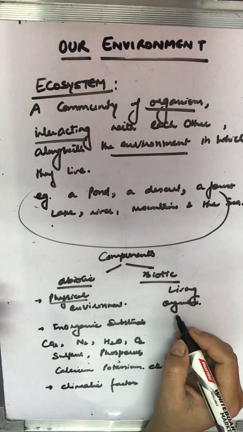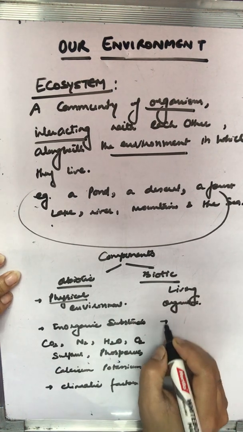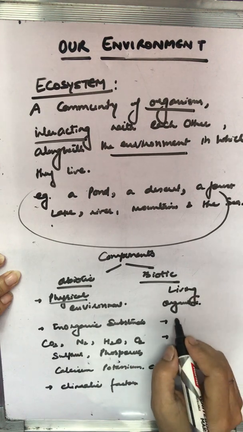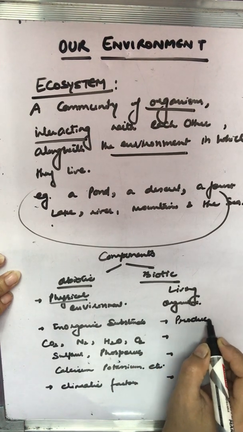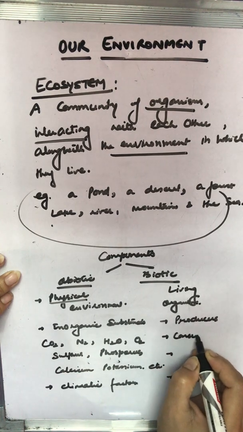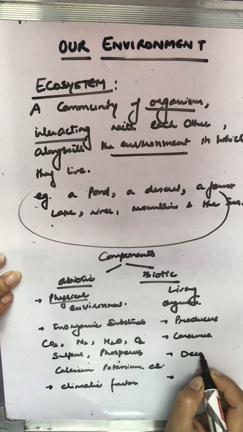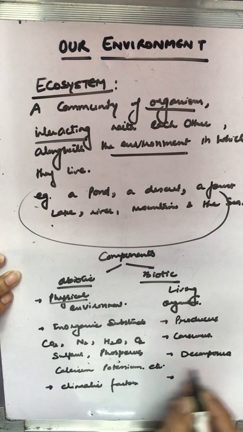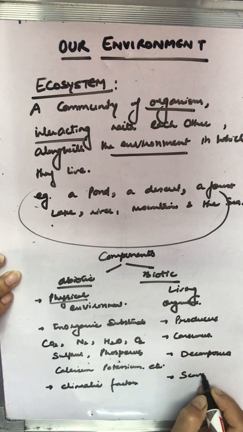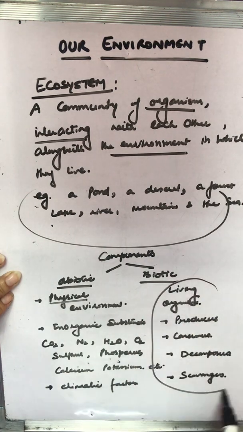Now when we talk about biotic, the interacting species are of the following types. There can be producers, consumers, decomposers, and scavengers.